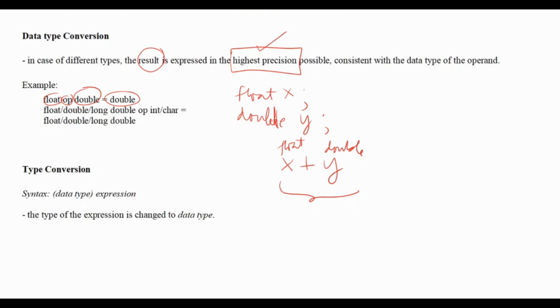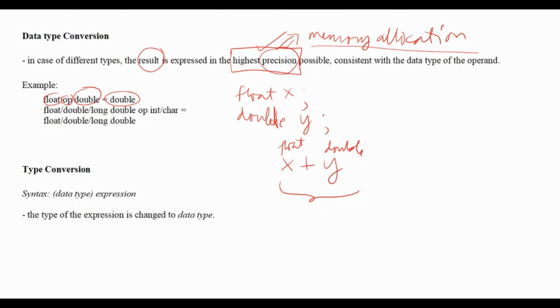What do we mean by precision? It's referring to memory allocation. So the one with the largest memory allocation. That is what we mean by saying highest precision. The value or the variable with the highest precision, or the data type with the highest precision, is referring to the one with the largest memory allocation.